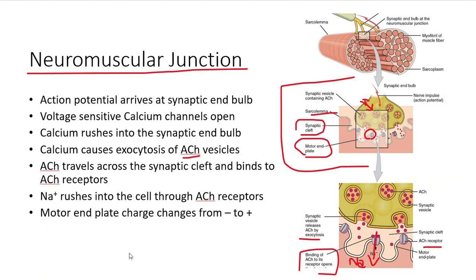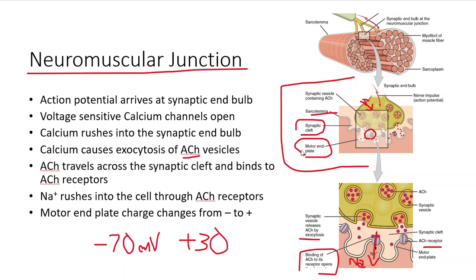When the sodium comes in, remember that the inside of the cell is usually negative. Not exactly, but here minus 70 millivolts is good enough. Minus 50 to minus 100 millivolts for cells. And when the sodium comes in, it's going to change that, because all the positive charges are going to change it to a plus 30.